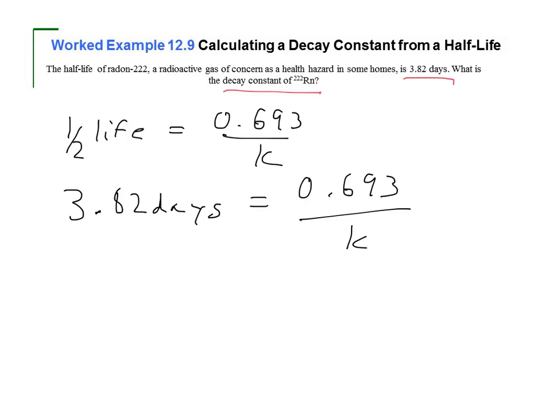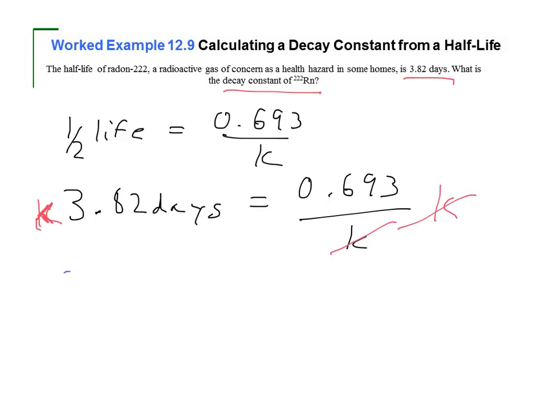Be careful. Your variable's on the bottom here, right? So the first thing you have to do is bring it to the top. So you're going to multiply both sides by k. Otherwise, you wind up solving for the inverse of k. So the first thing I'm doing is multiplying both sides by k.